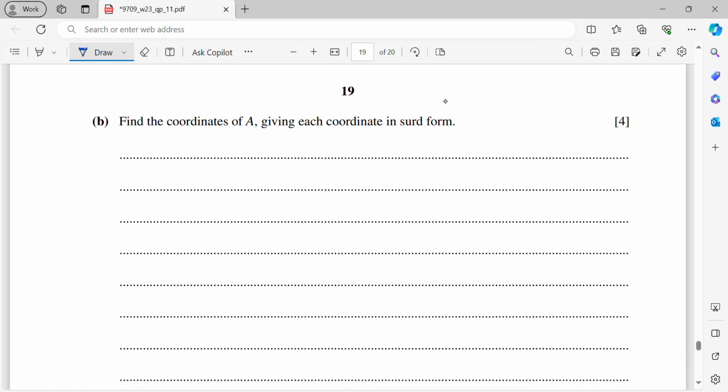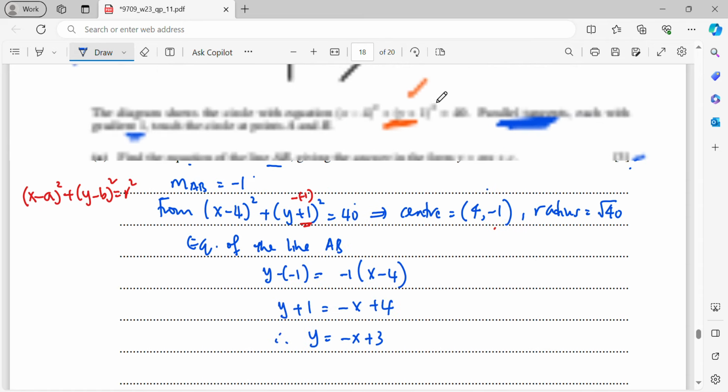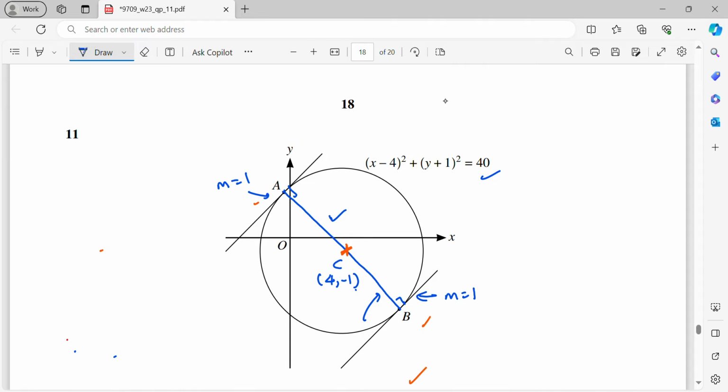Now B, find the coordinates of A giving each coordinate in surd form. Since we have found the line AB, A is the intersection between the circle and the line. So I will just need to solve the simultaneous equations.